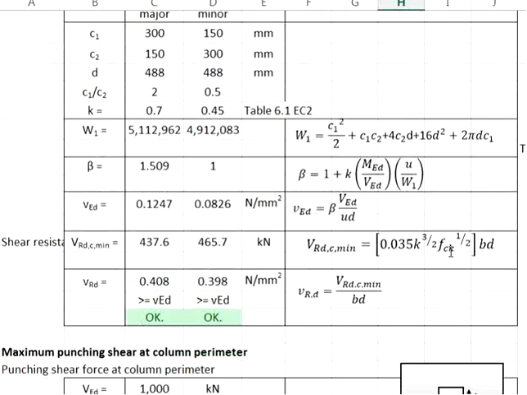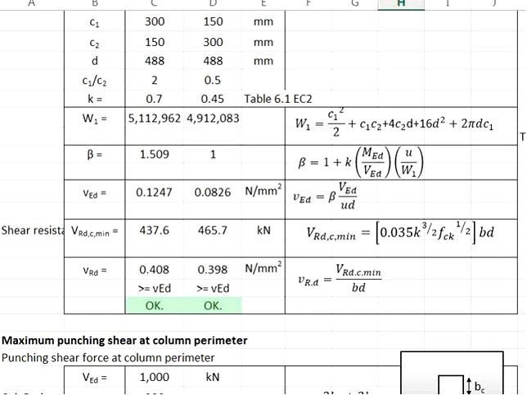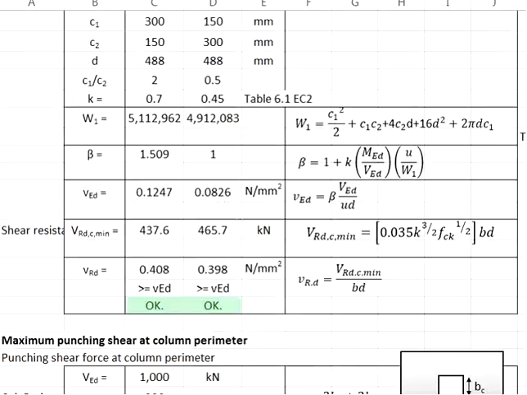You know that we determine the punching shear load based on the area outside of the 2d perimeter. Smaller area means smaller shear load. This also leads to the reduction of the punching shear stress. Until you get a smaller punching shear stress as compared to the punching shear resistance, only then can you proceed with the following calculations, checking for the maximum punching shear at the column perimeter.